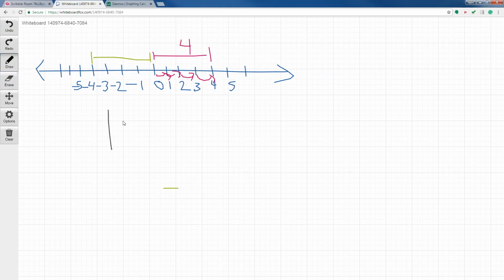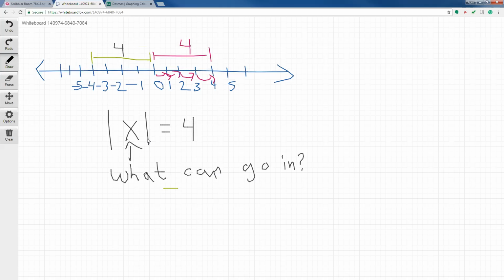So if we get a variable involved, we're saying, what number could we put in here so that when you put that number in, you get out the answer of 4?